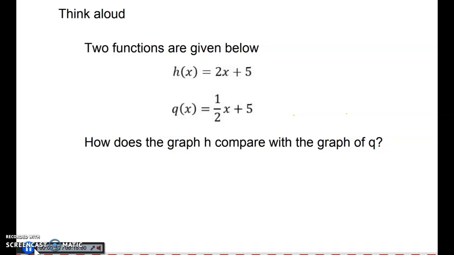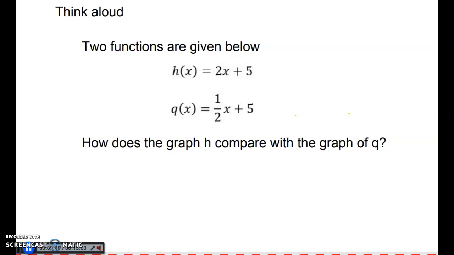However, my first task is to note what is different between h of x and q of x. I notice between these two functions that my slopes are different. H of x has a slope of 2, and q of x has a slope of 1/2. Here's a little note.